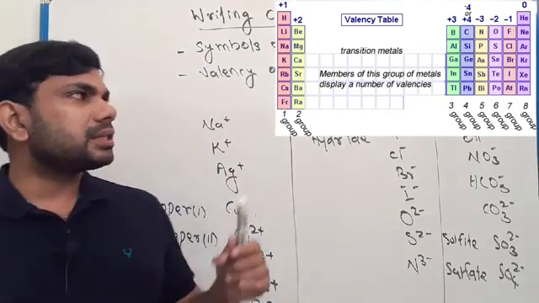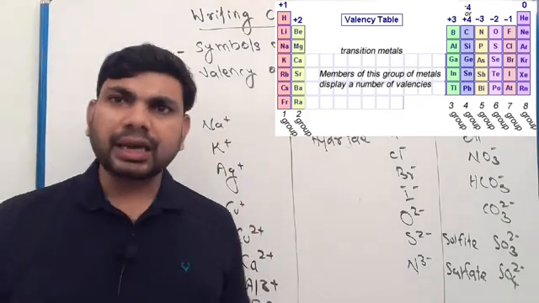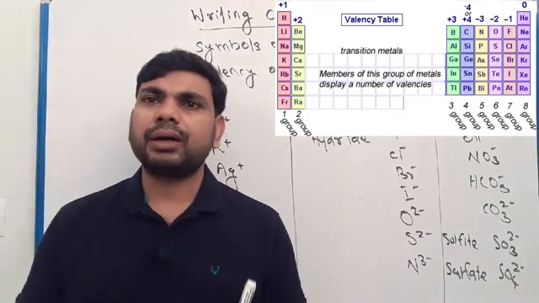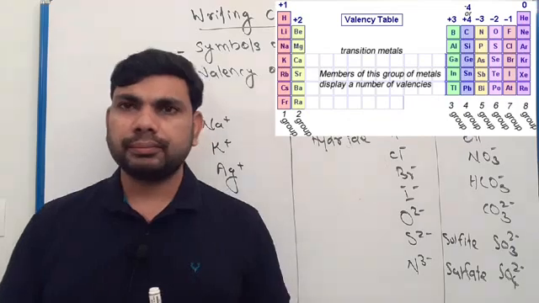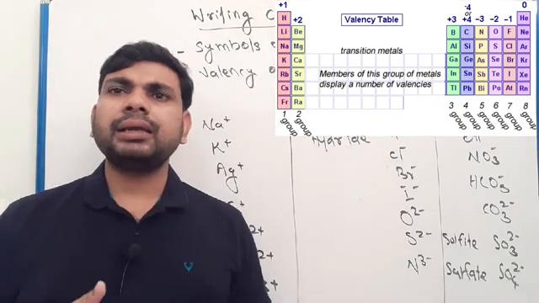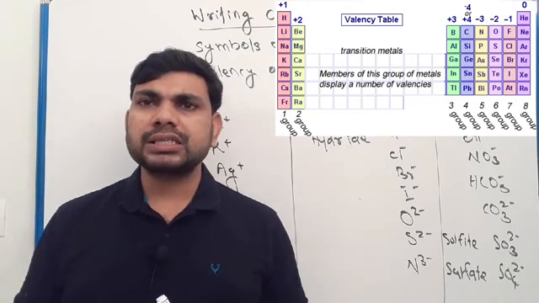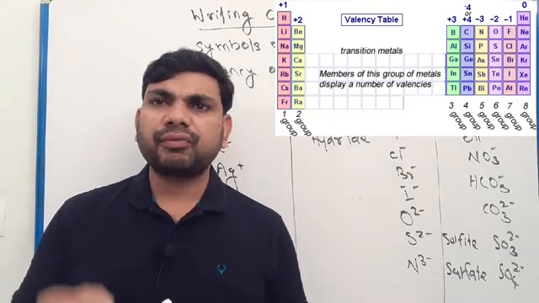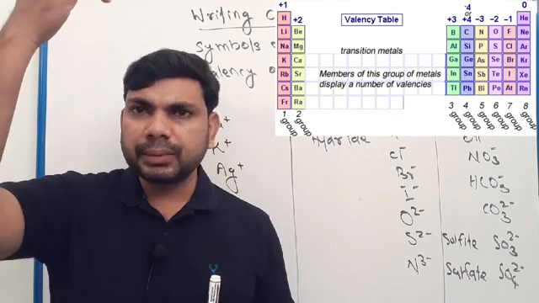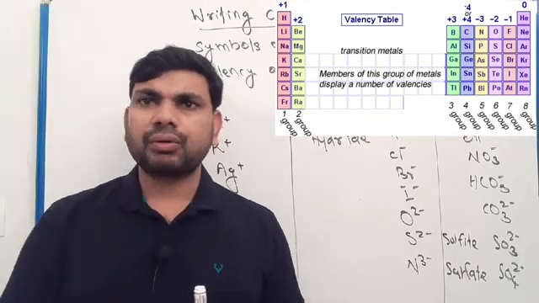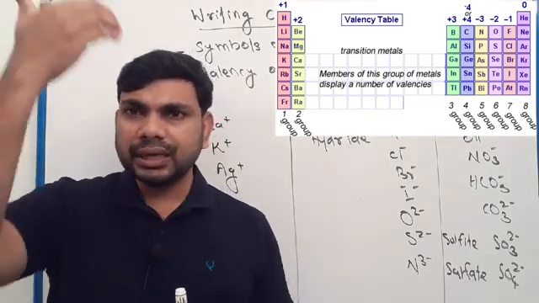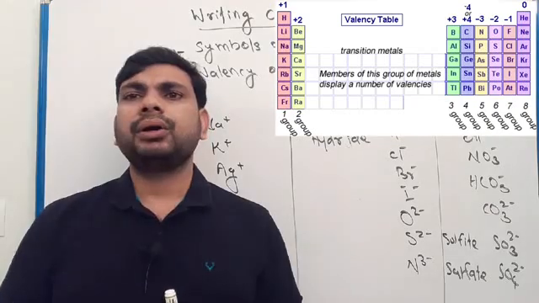You can see that all group 1 elements have a charge of +1. Group 1 means lithium, sodium, potassium, rubidium, cesium, francium. These elements come in a single column, in a group.